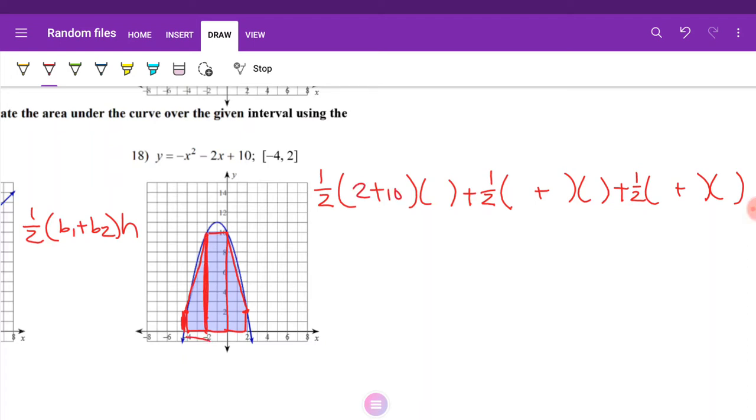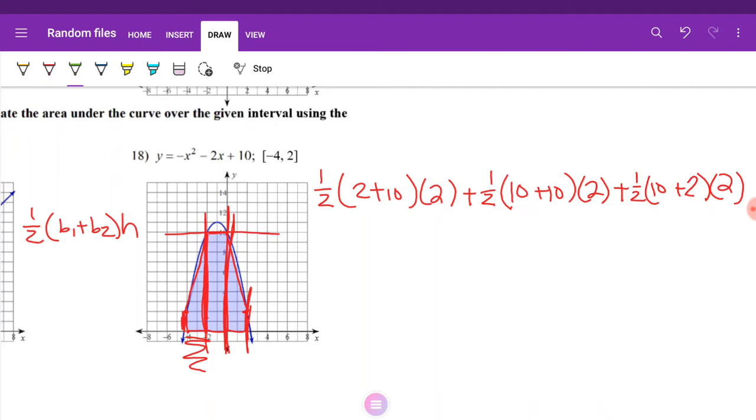The height, this direction, is 2. In fact, all of their heights are 2. This middle trapezoid, base 1 and base 2, are both 10. And the last trapezoid, base 1 is 10, and base 2 is 2.